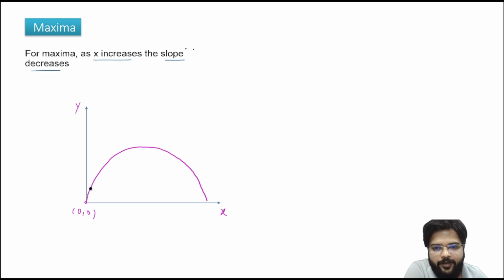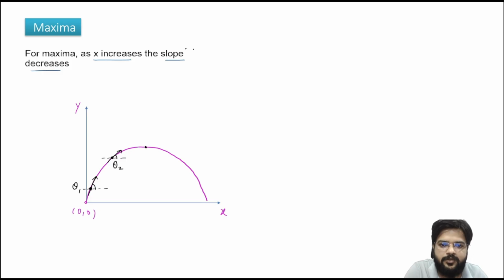I will draw one tangent here and see how much angle it makes with the horizontal. Let's suppose this angle is theta 1, everyone. Now if I want the slope at this point, I draw another tangent here and look at how much angle it makes with the horizontal. This angle is theta 2.